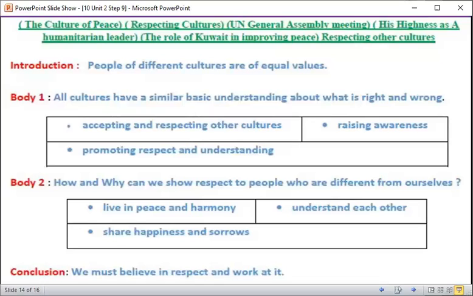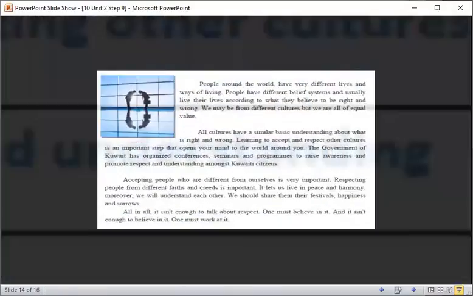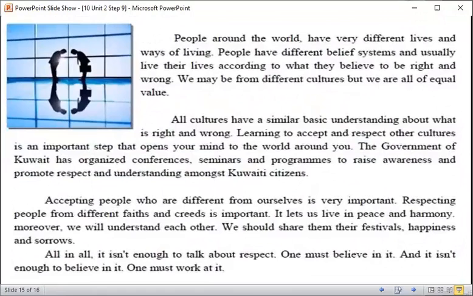In the final step of the outline, I have to write, we must believe in respect and work at it. So this is the final conclusion. This is an outline, just 2 marks. But most importantly, the topic itself, which is about the culture of peace.